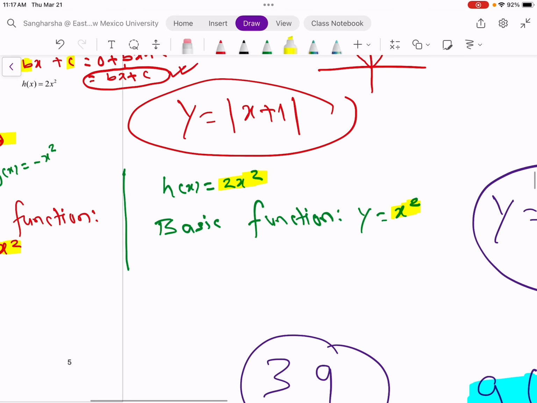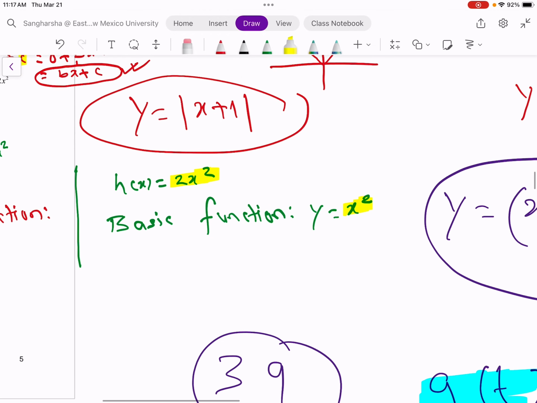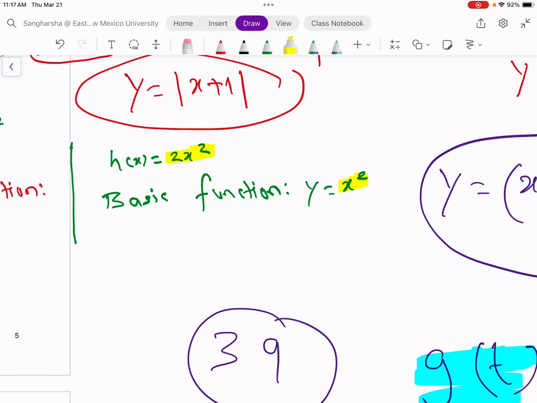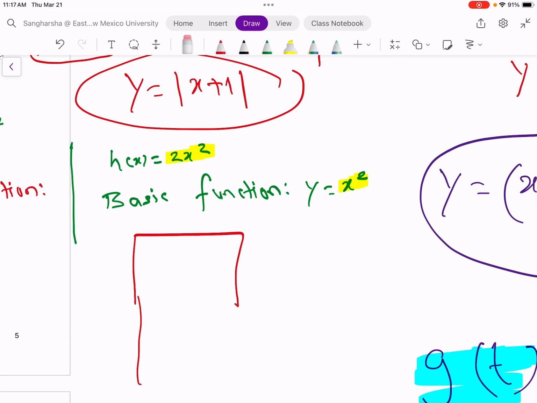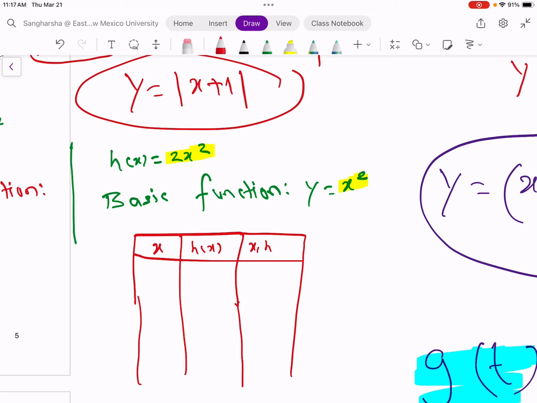Now let's see how it looks. Let's try to be more accurate, so let me make a table here and make a comparison. We have the input x, the output h of x, and the point x, h of x.